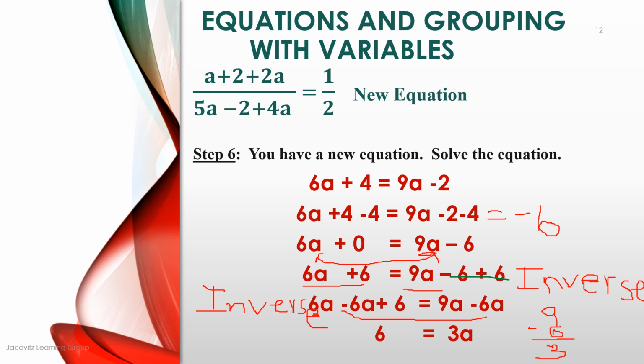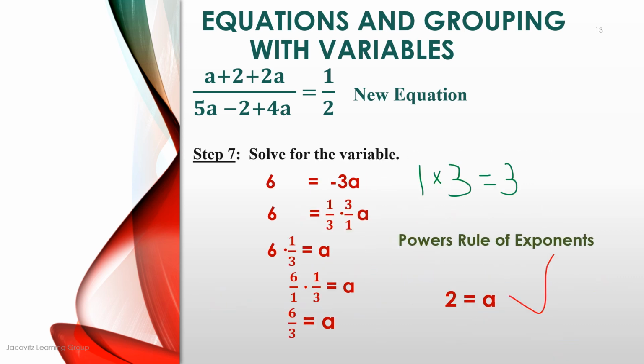Now, let me ask you a question. We have 6 equals 3a. So 6 equals 3a is now going to come with the inverse again, 1/3. Take 1/3 to the other side. And then you have 6 over 3. That's just extra steps so you understand. 6 over 3 equals a, so a equals 2.